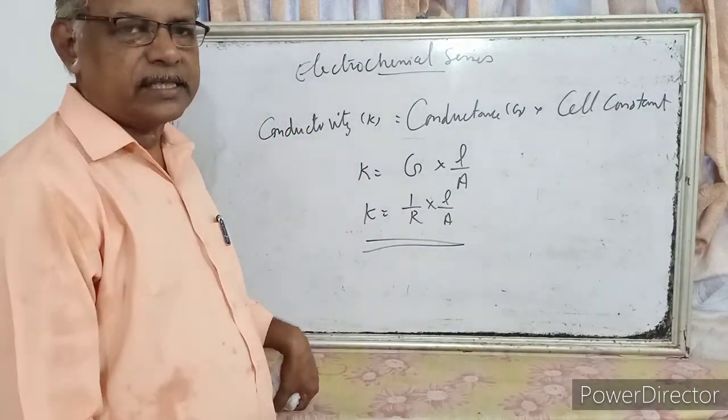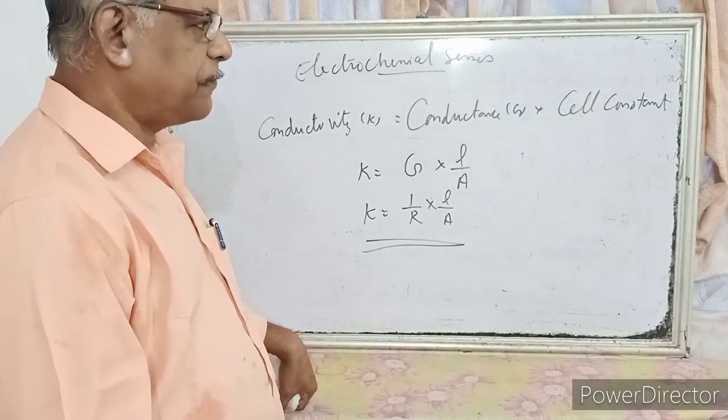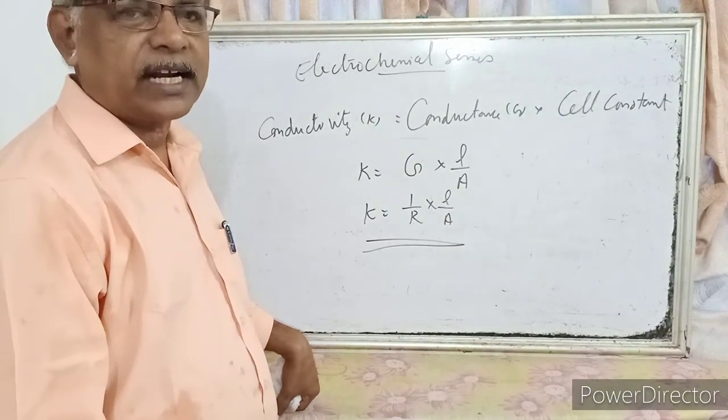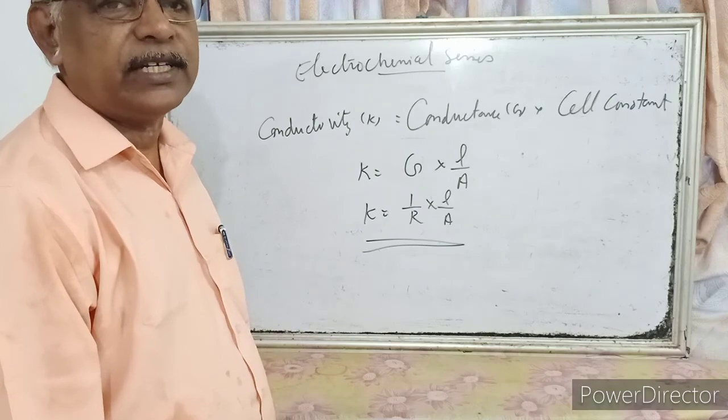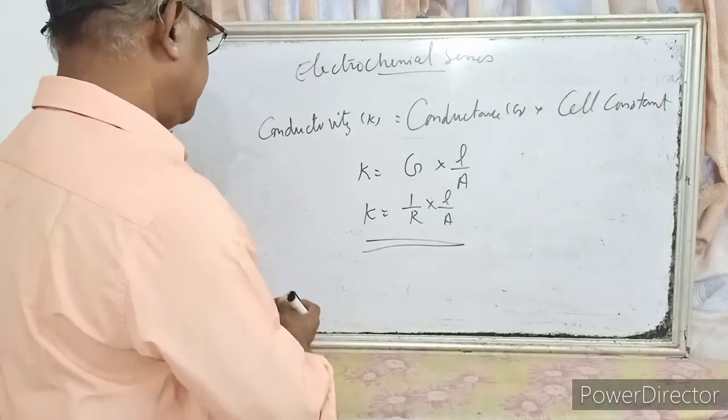What is cell constant? Cell constant is a factor which, when multiplied with the conductance, gives the conductivity of the solution.